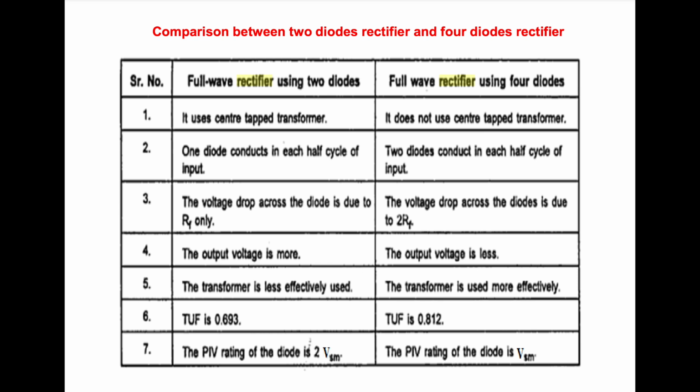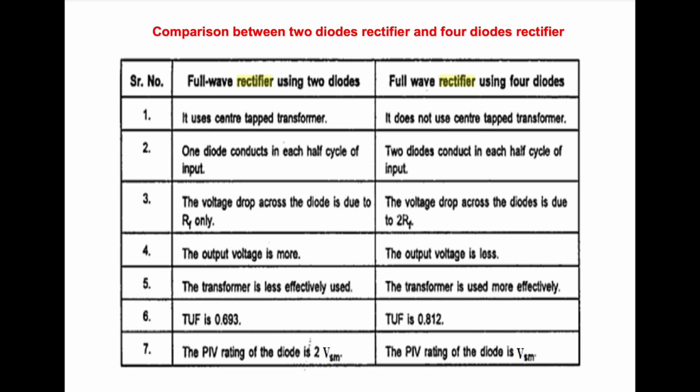Okay, for a center tap full wave rectifier using two diode, the TUF is indeed approximately 0.693, meaning that about 69.3% of the transformer's secondary winding is effectively utilized. For bridge rectifier using four diode, the TUF is higher, which is 0.812, as I mentioned just now.